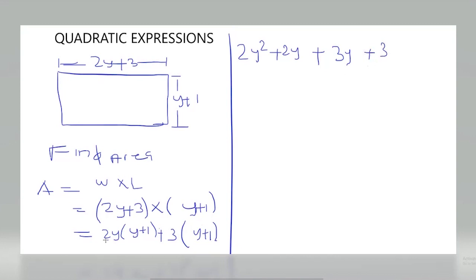Somebody might ask here, maybe you have not understood how I've done this. Let me repeat. You have 2y times y plus 1. Take 2y times y. This means 2 times y power 1 times y power 1.